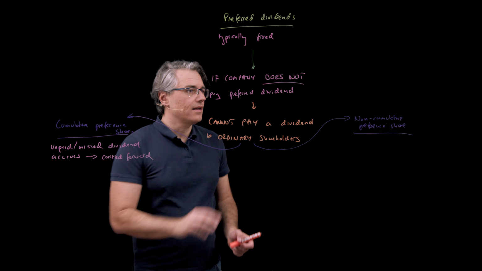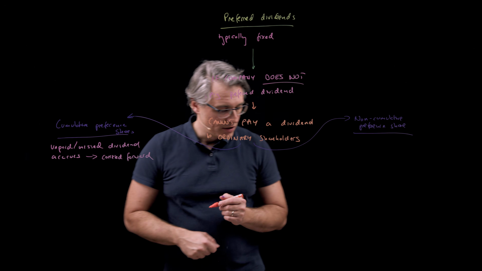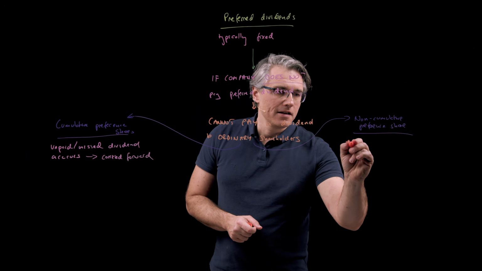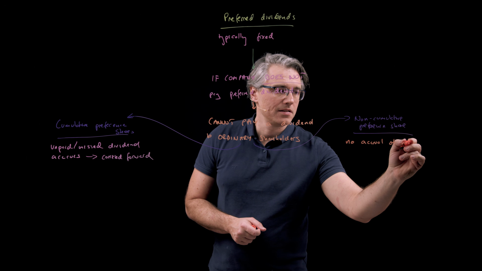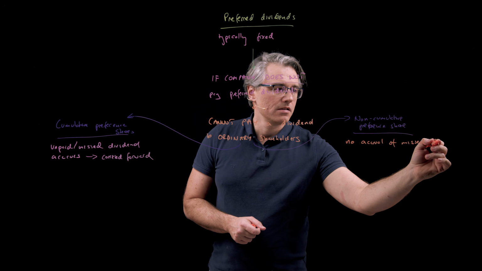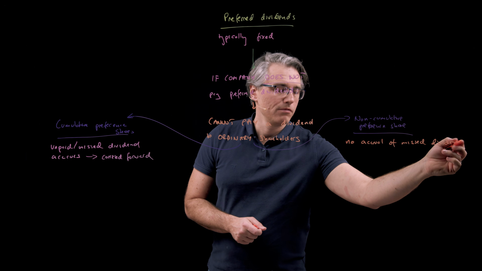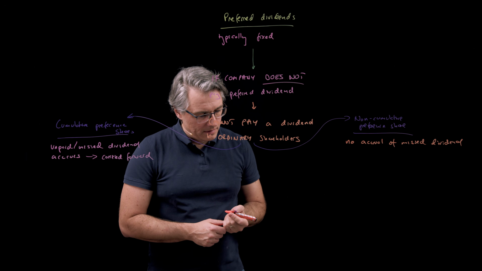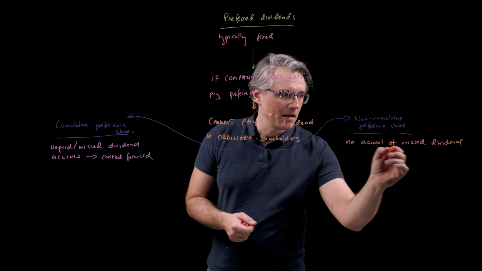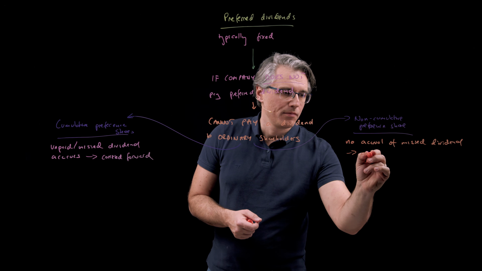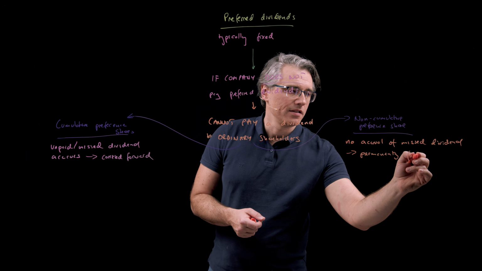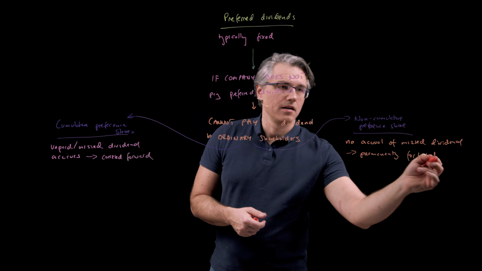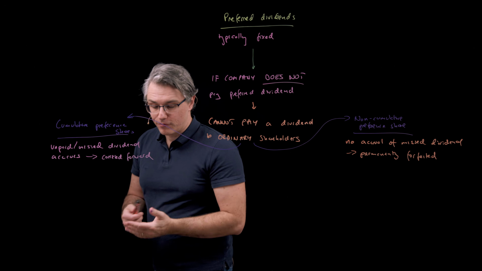In the case of the second type, the non-cumulative preference shares, obviously here there's going to be no accrual of the missed dividend, no carry forward of it, and that missed dividend is permanently forfeited, so lost forever.